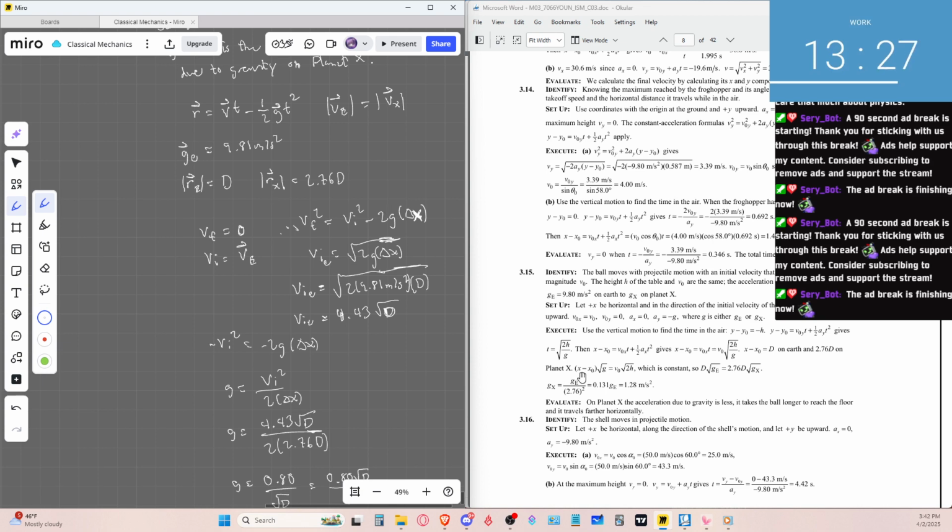Oh, let's see here. Which is constant. Because let's see this. So that's the velocity times the distance it went. So if you do the velocity times the distance.